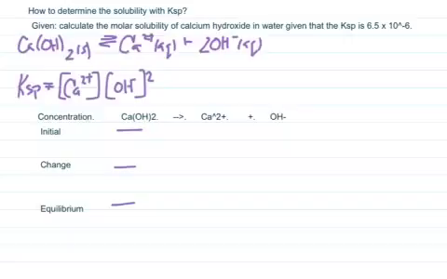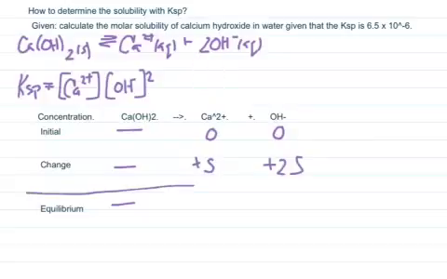Now for calcium ion, we start with 0, and the hydroxide, we start with 0. Now for the change, we actually get a change because we get calcium solubility, and we get 2 solubilities of hydroxide because it has a coefficient of 2.